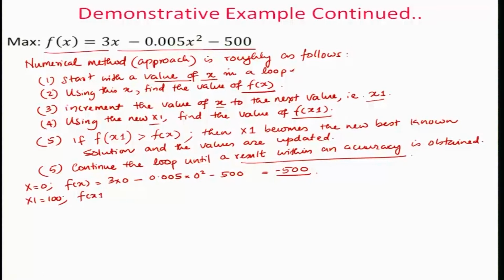So, f of x1 is equal to 3 times 100 minus 0.005 times 100 square minus 500. That is 300, and 100 square is 10000, multiplied by this gives you 50, and minus 500, which gives you minus 250.